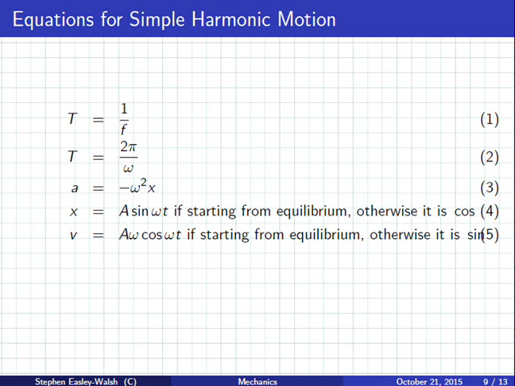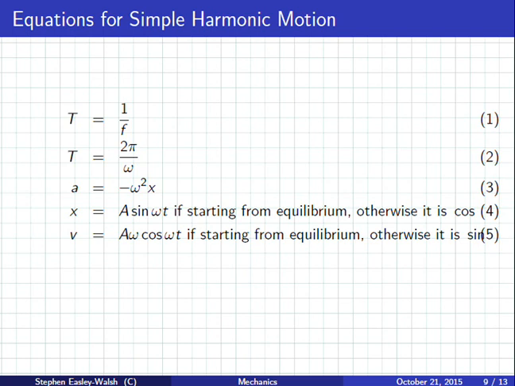This one here, you do give it speed. No speed at start, and then here is speed at start. Now the next formula is for the velocity: A omega cos omega t.